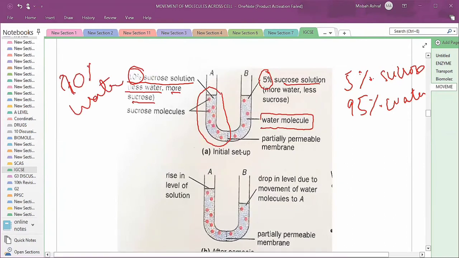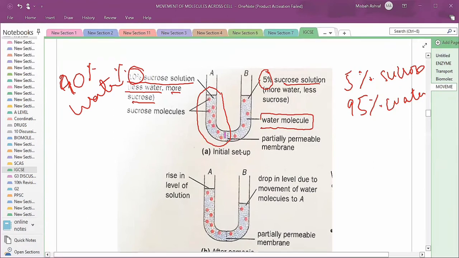Where is water in more concentration? On the left side, 90% is water and 10% is sucrose. On the right side, water is in more concentration, that is 95%, so the left side is lesser as compared to it. Here in the center, I'm going to highlight it with another color.